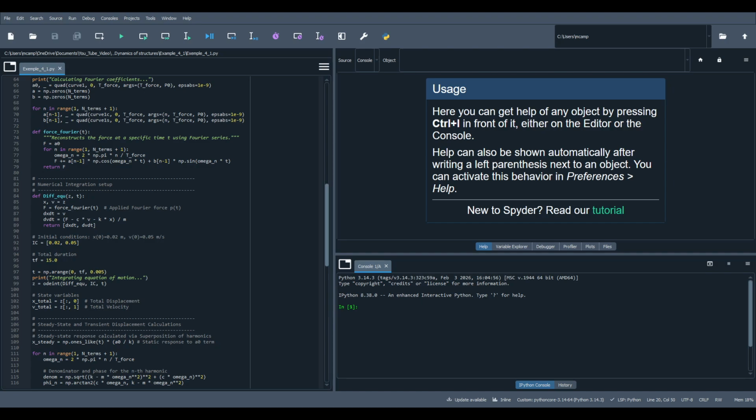T equals np arange from 0 to TF with a step of 0.005. Here there is the integration of motion, calling the function odeint for the differential equation, which passes the initial value and the time t.